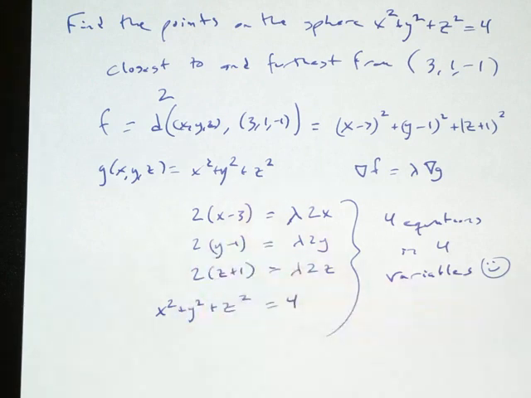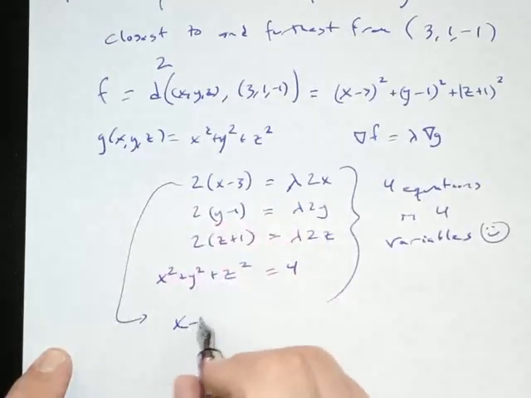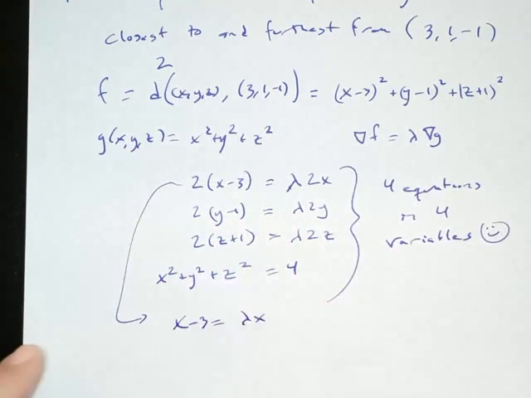That bothers me. So let's get rid of those 2's. Let's just work with the first one. That becomes x minus 3 equals lambda x, right? If I could write this as x equals, then it would be in terms of lambda, right?